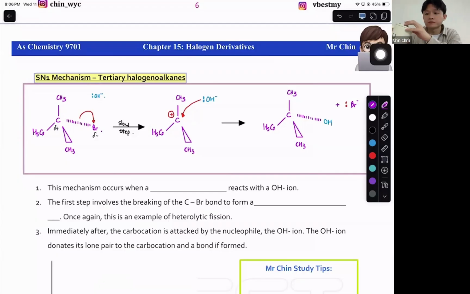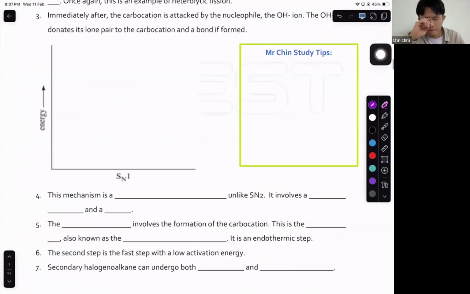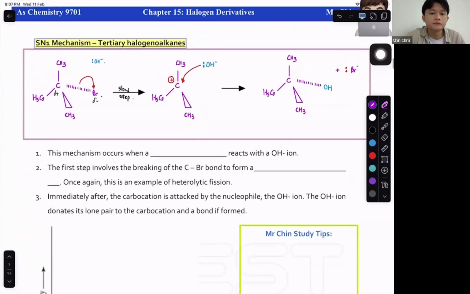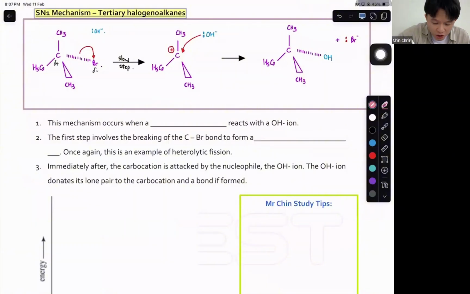Alright guys, this mechanism occurs when a tertiary halogenoalkane reacts with an OH minus.